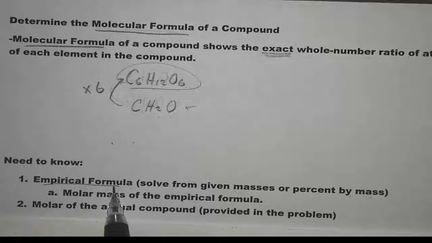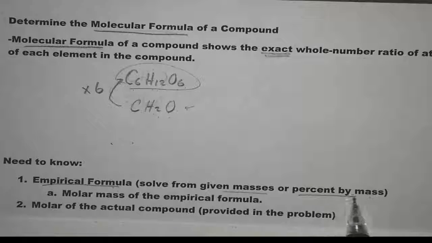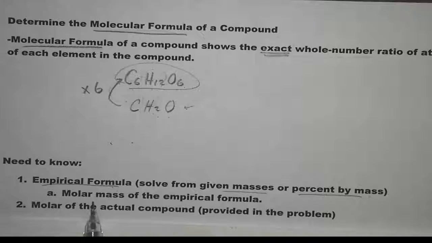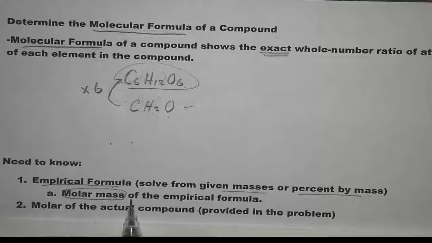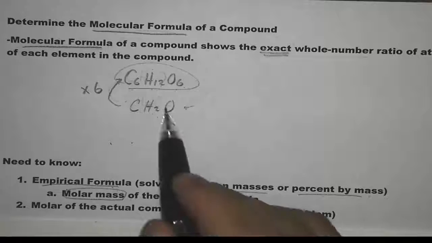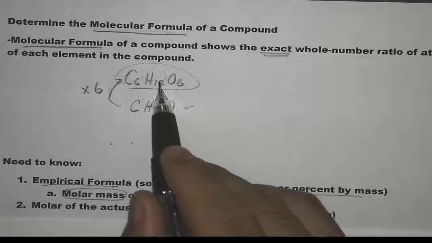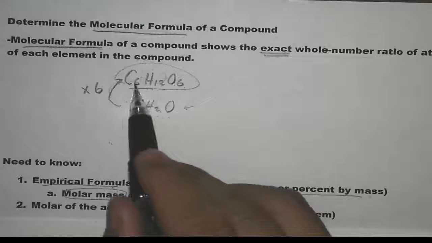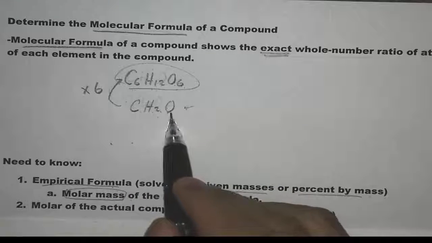Sometimes our empirical formula is not given in the problem, but they give us the masses of each element in a compound, or even worse, they give us percent by mass of each element in a compound. And once we have our empirical formula, we can find the molar mass of the empirical formula. Because in the end, the only thing that distinguishes the two formulas is their difference in mass, because there are different subscripts between the two.